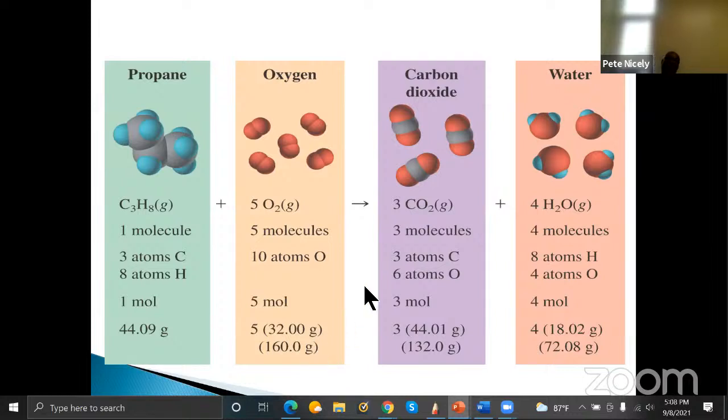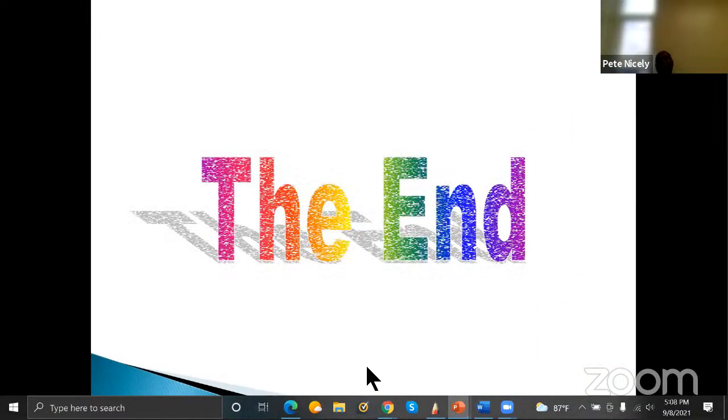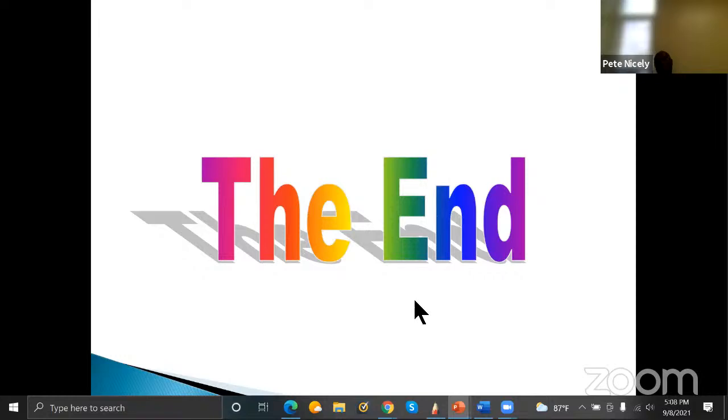So those are just a few conclusions we can come to when it comes to not only writing down a balanced equation, but what the equation tells you in terms of the relative amounts of the different substances involved as reactants and products. All right, and believe it or not, that's the end of chapter 6.